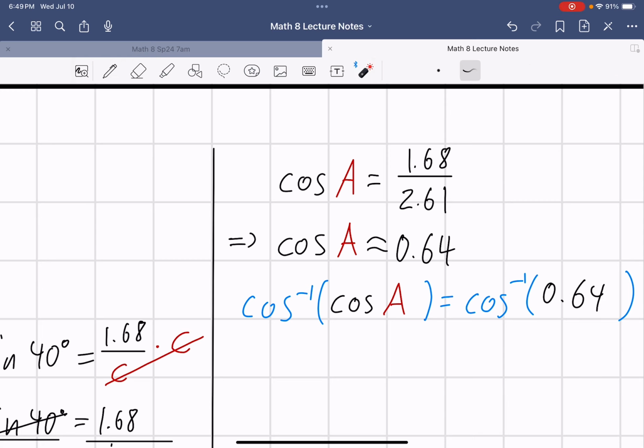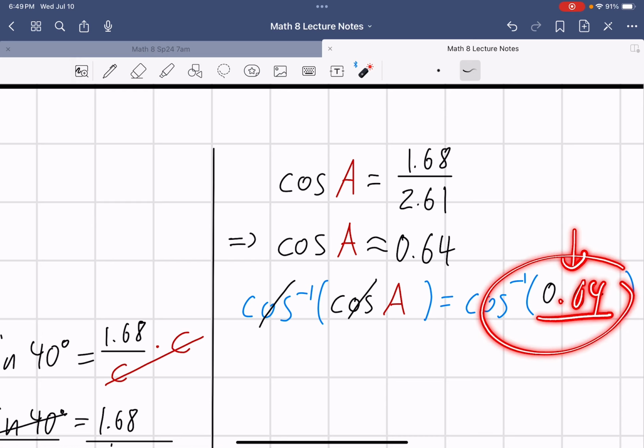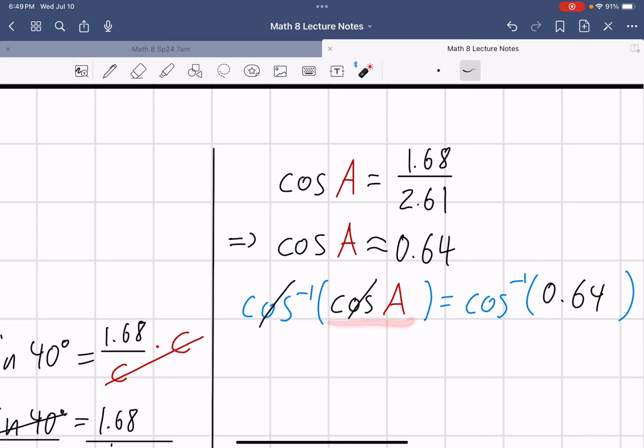Now what happens on this end, I'm choosing to believe all this exists. Everything is inside its domain and its range. And it definitely is true on this right hand side because 0.64 is definitely in the range, which means everything we're doing is sound.